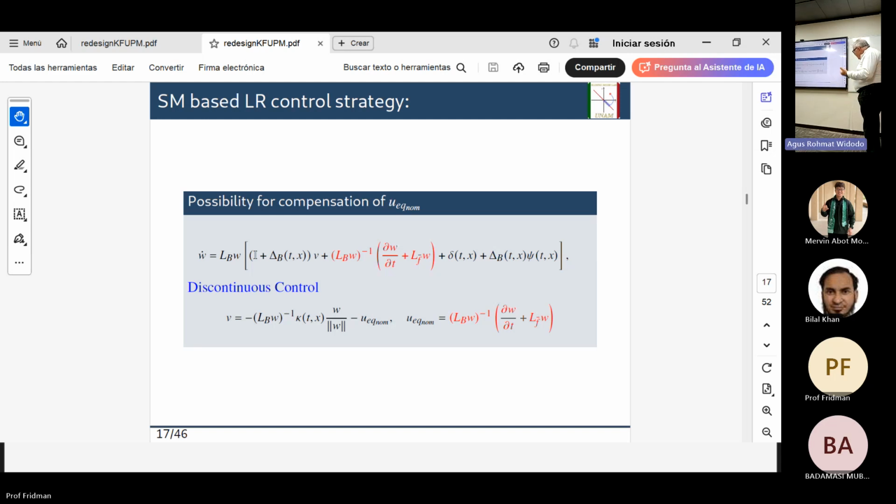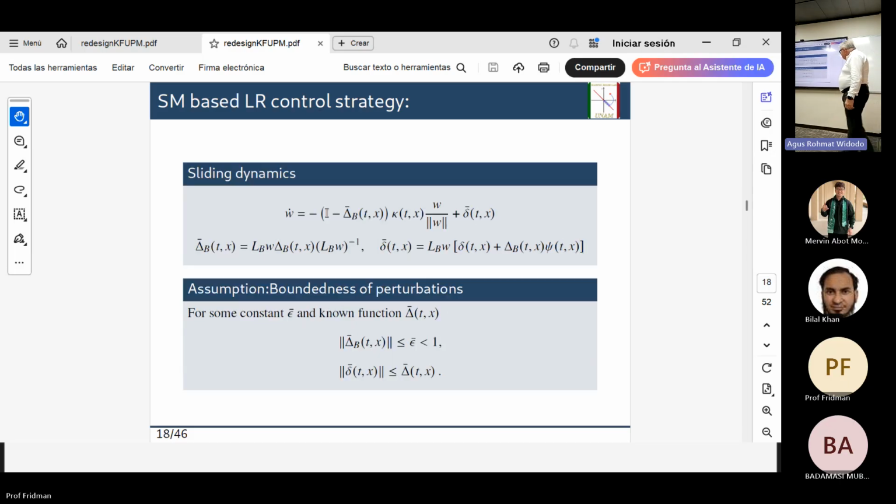First of all, we've done the first step, we've compensated the known part. And so what happens? Then we can use the same unit control, and we can have a little bit better result. Why? Because we already compensated what we know. That is why we will be able to ensure sliding mode.